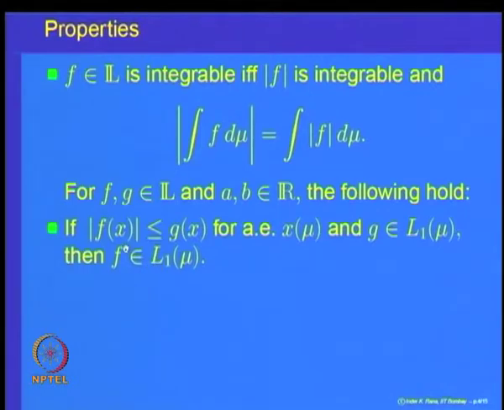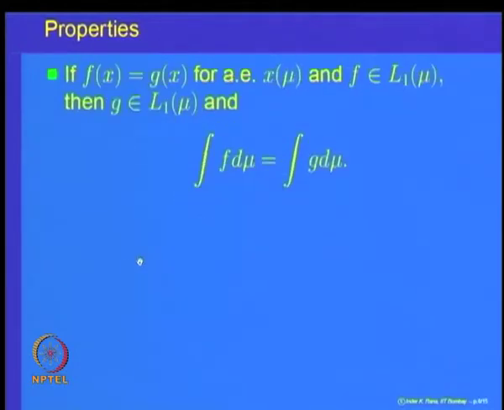That means, if a function f of x is dominated by an integrable function, then that measurable function automatically becomes integrable. And we also proved the following property, namely, if two functions f and g are equal almost everywhere and one of them is integrable, say f is integrable, then the function g is also integrable and the integral of f is equal to the integral of g.